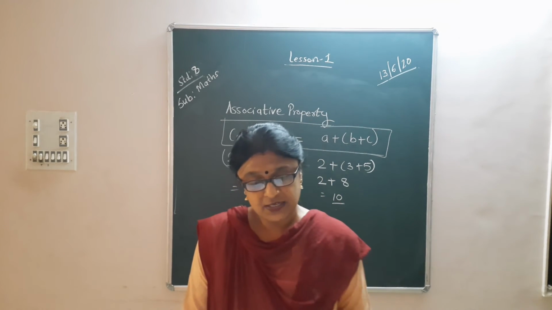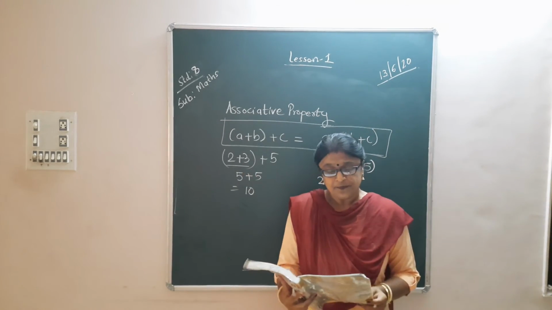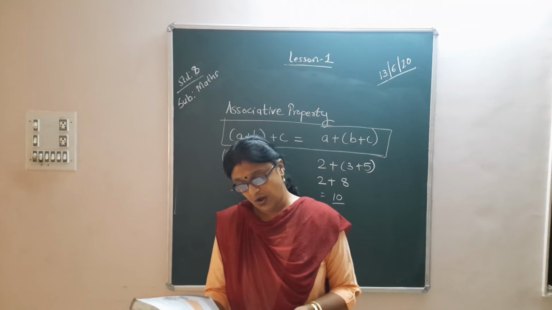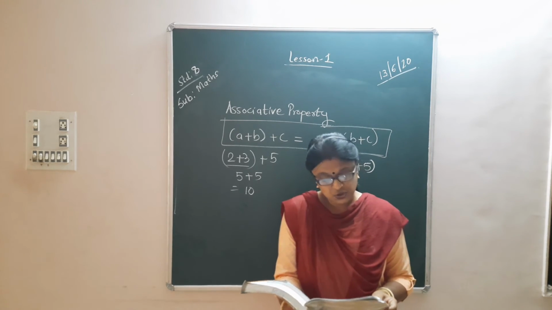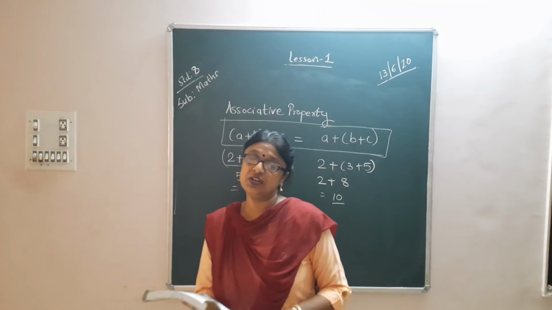Fine? Okay, turn the page. Page number 8 comes now the rational numbers. Now for rational numbers, again it is true for addition. It is not true for subtraction, it is true for multiplication, and it is not true for division. Okay?